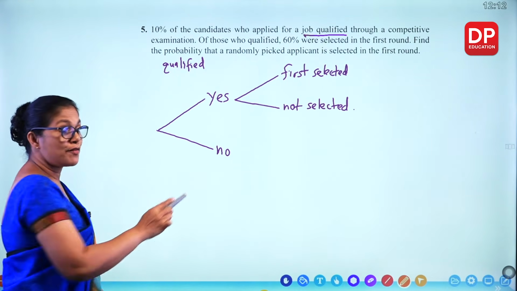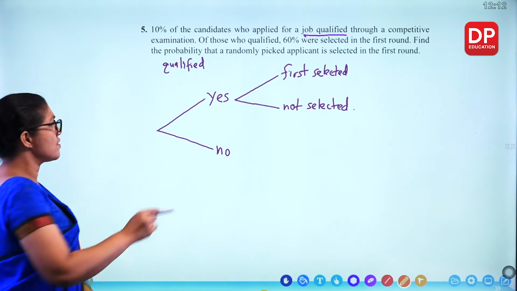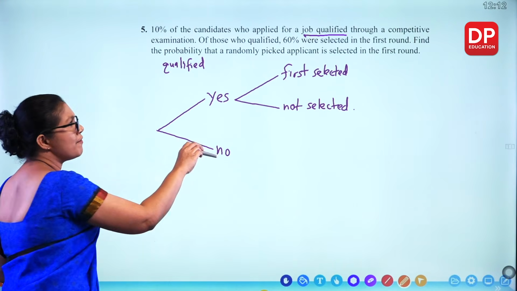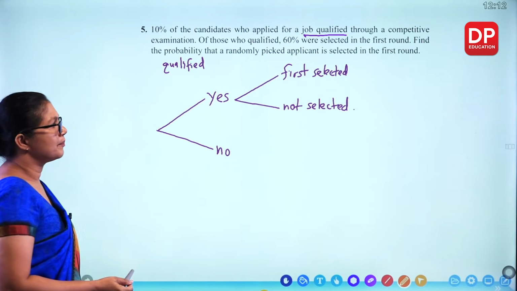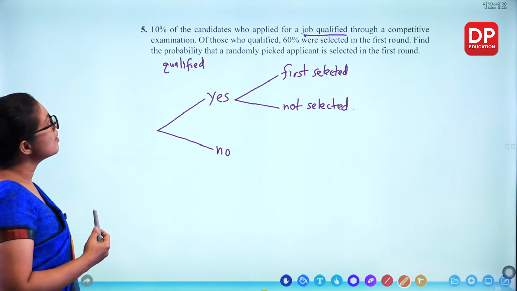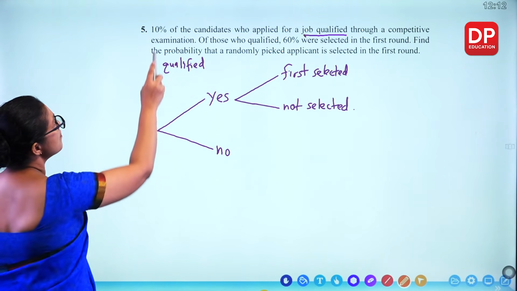Here you don't have to draw another branch there because if you are not qualified, you can't go to the next step.